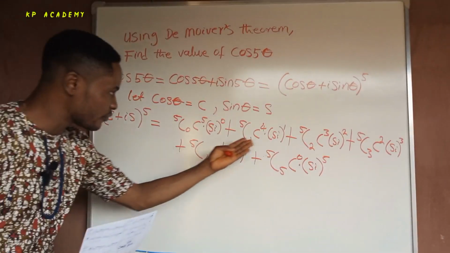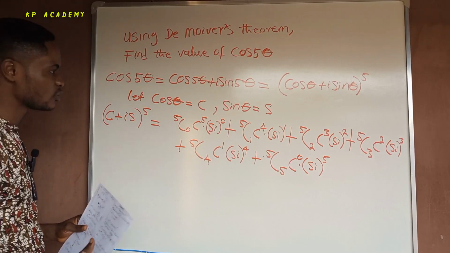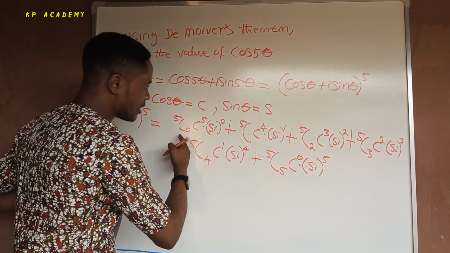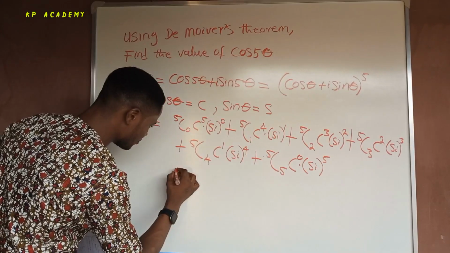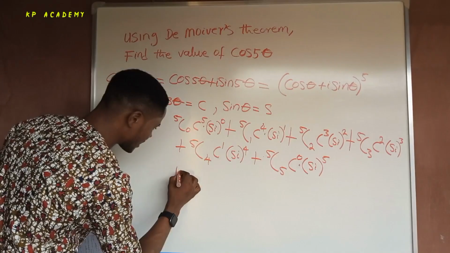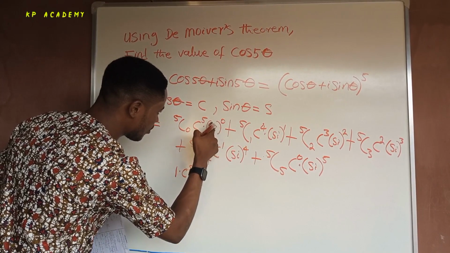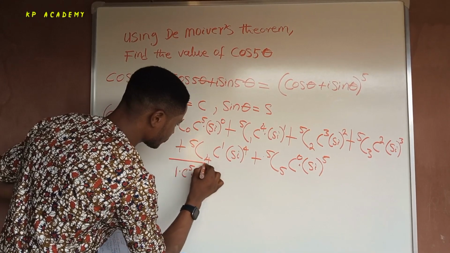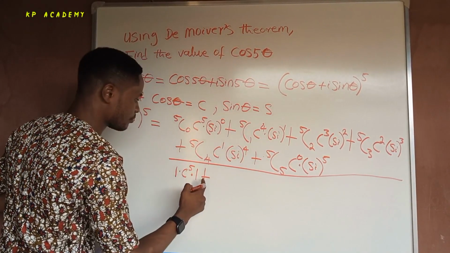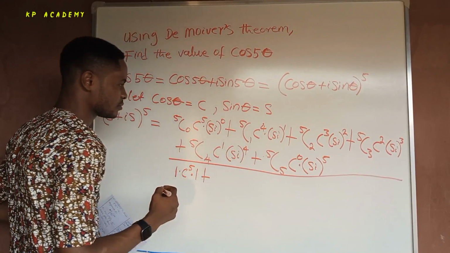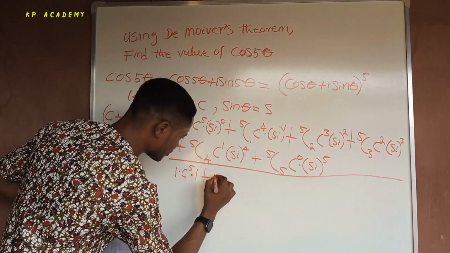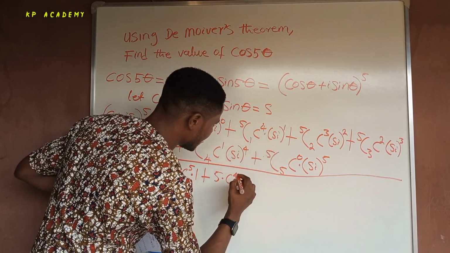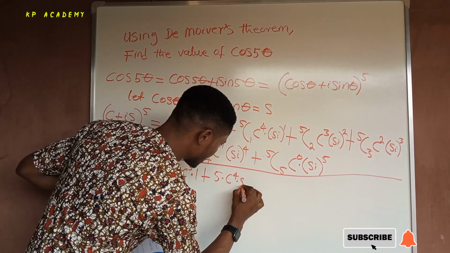So at this point we've expanded first. Please do well to take notes, because as I'm solving I will also be cleaning immediately because of space. Putting in the values, 5 combination 0 is 1, times C to the power 5, and all of this bracket raised to the power 0 is 1. Plus 5 combination 1 is 5, times C to the power 4, times iX.